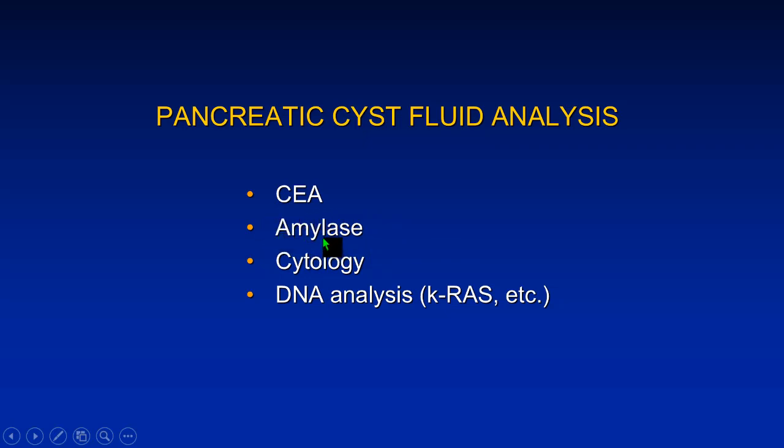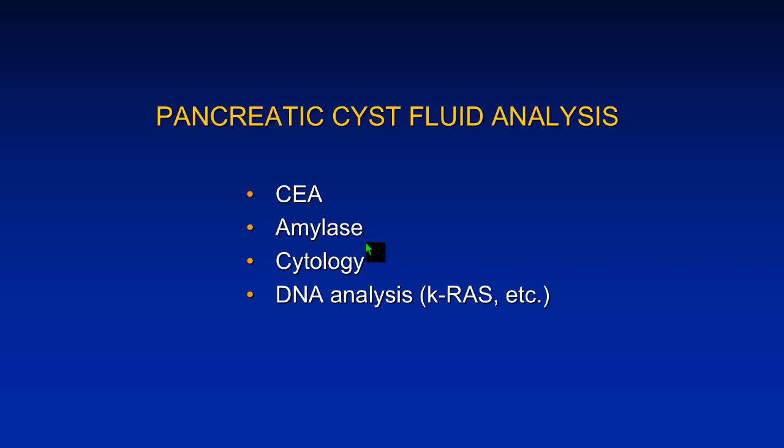The way it's helpful is that if we have a mucinous lesion and we also have a high amylase, that indicates that we're dealing with a lesion that communicates with the pancreatic duct, which would be an IPMN.